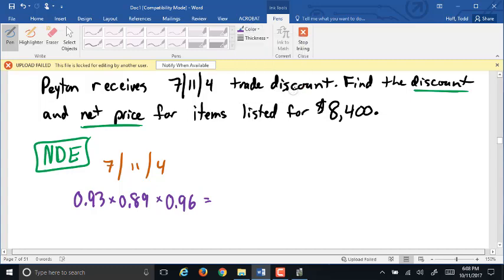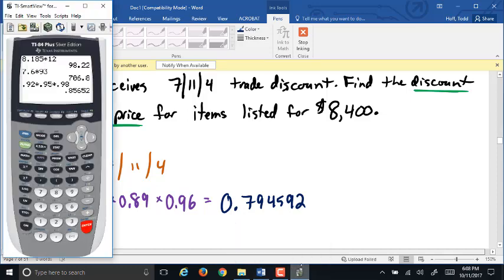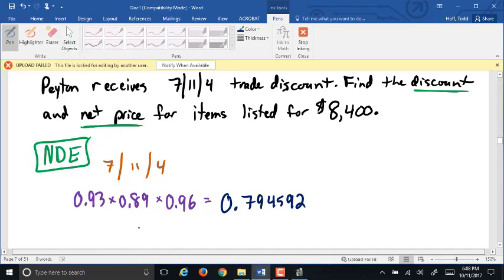We multiply them all together to give us 0.794592. Does that look right to everybody? Okay.